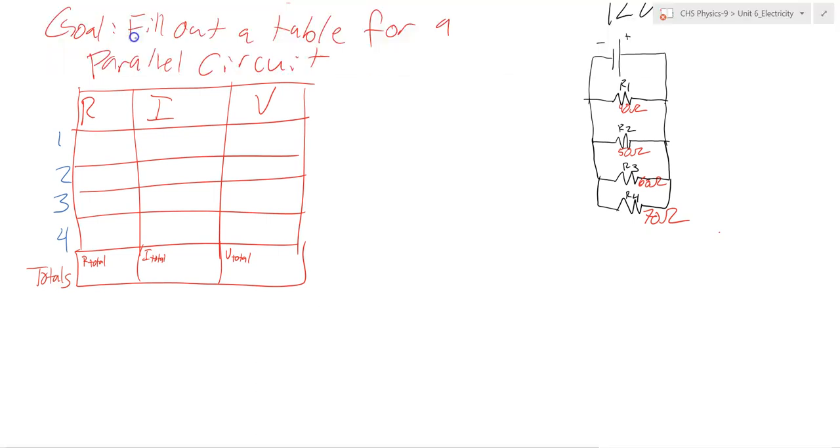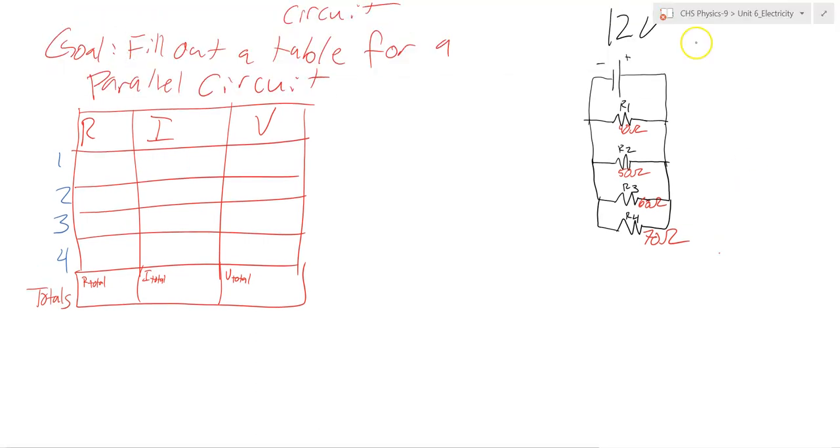Over here we have our parallel circuit. You can see that this is a parallel circuit because there are all these resistors that are parallel to each other in the circuit, and there's more than one loop. Notice that we can have 1, 2, 3, 4 different loops.